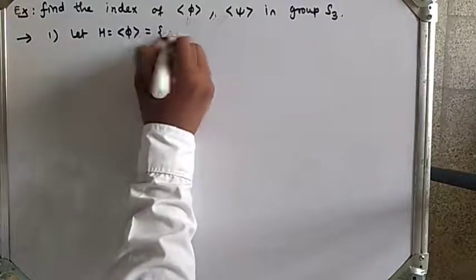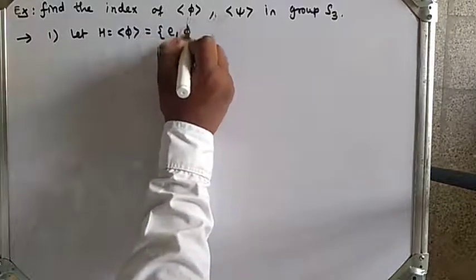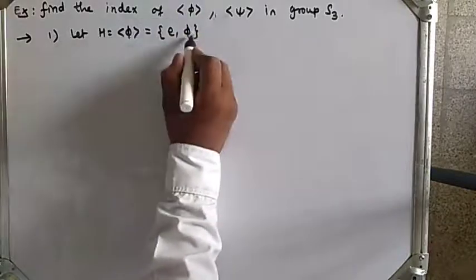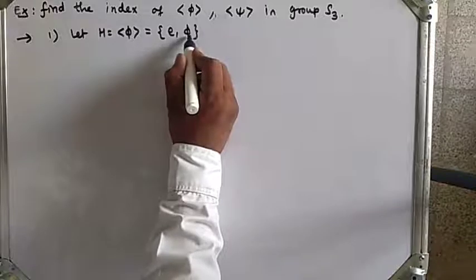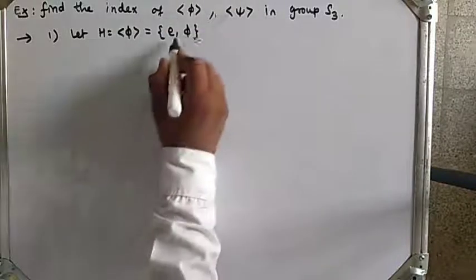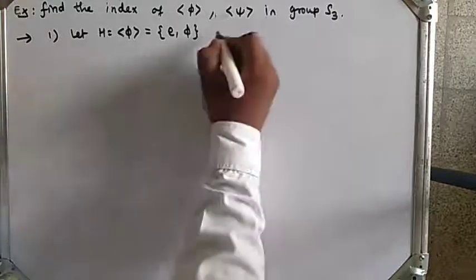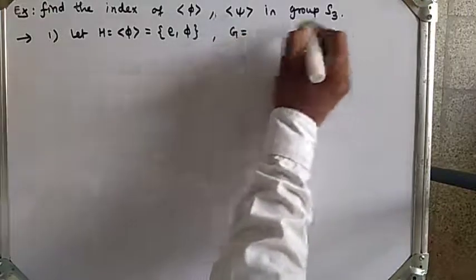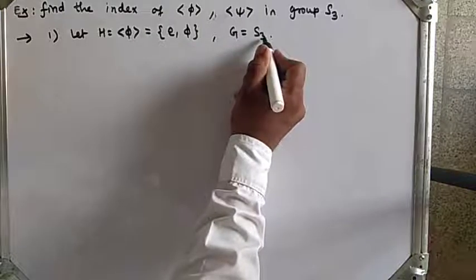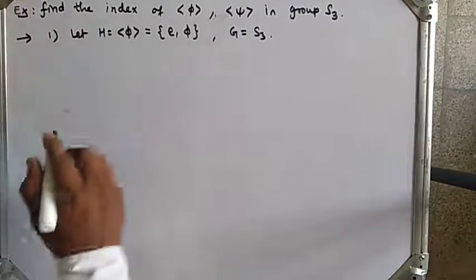It has elements identity and phi, because phi square is identity, right? If I generate by phi, then phi raised to power 1 will be phi and phi square will be identity. If I repeat it, we will get only 2 elements, identity and phi. And G is here S3, so order of G is 6 and order of H is 2.